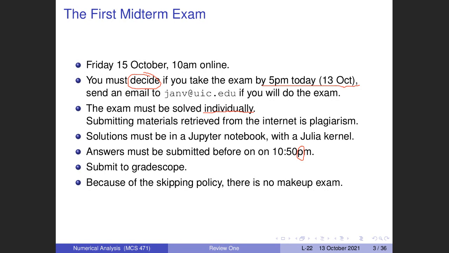So do not wait till after 10:50 has passed. If you have seen the questions and do not submit on time, then it will be as if you did not skip the exam, but you have a 0 score on the exam. So not submitting on time will incur a penalty.